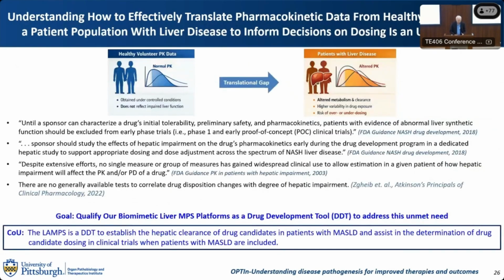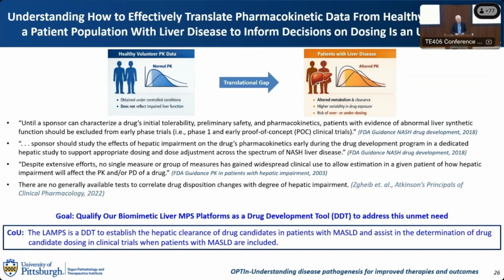So just a little background, what the unmet need was for our team was to understand how to effectively translate the pharmacokinetic data in healthy volunteers that's generated in the phase 1 to a patient population with liver disease that the drugs may be affecting in phase 2 to understand how to make any recommendations for any dose adjustments in this patient population.